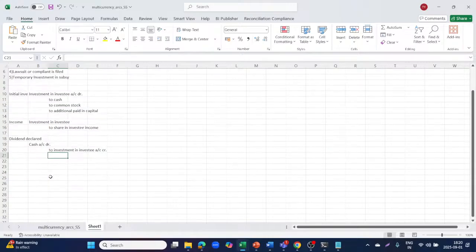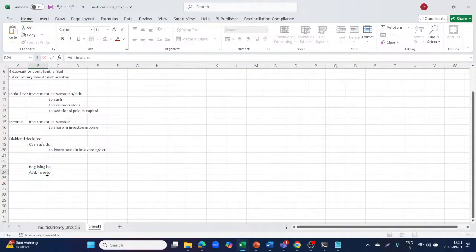So at last, how will you work out the amount? Whatever is the beginning balance, you will add the investor's share of the investee's income to revalue the investment.